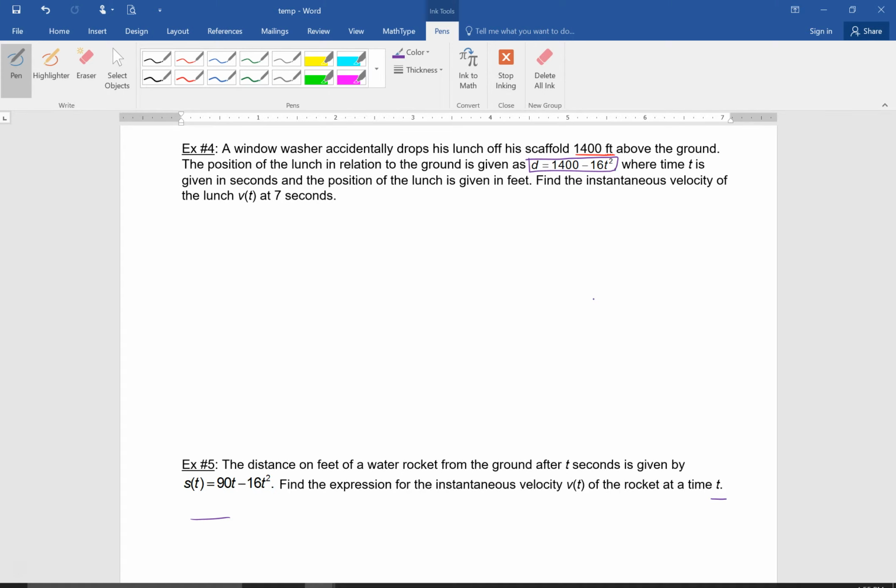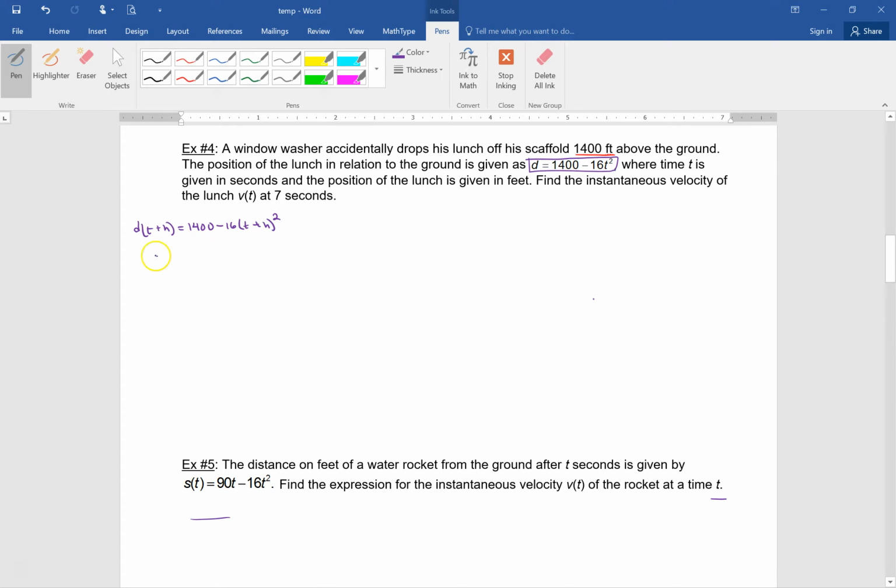All right. So for this, we need d of t plus h, which is going to be 1,400 minus 16 times t plus h squared. So this is 1,400 minus 16 t squared minus 32 th minus 16 h squared.